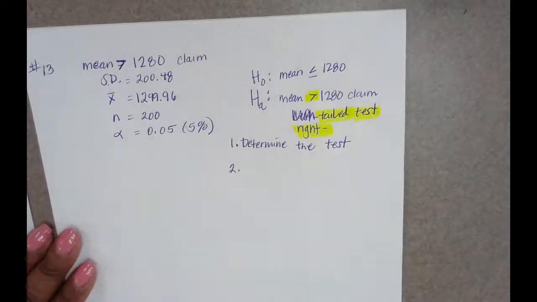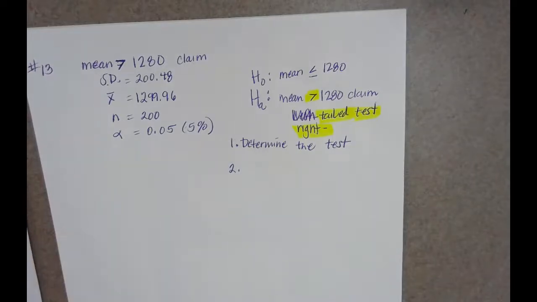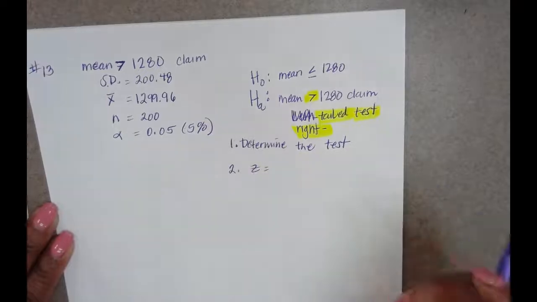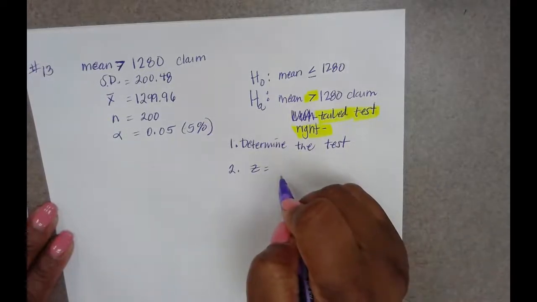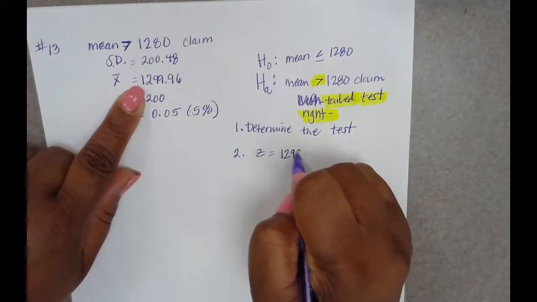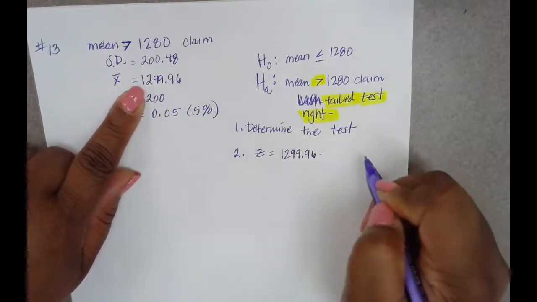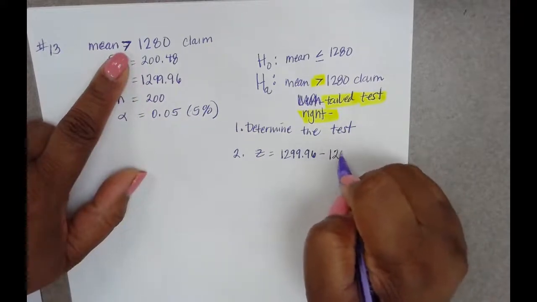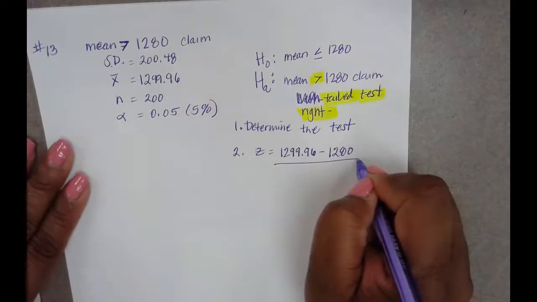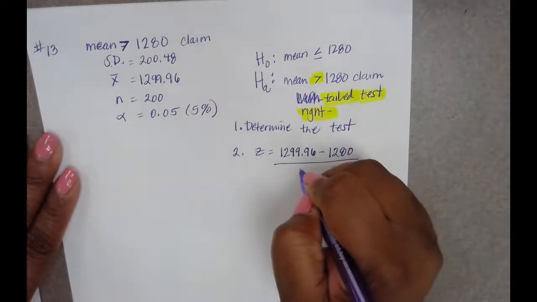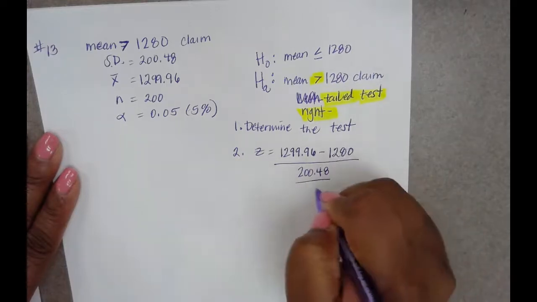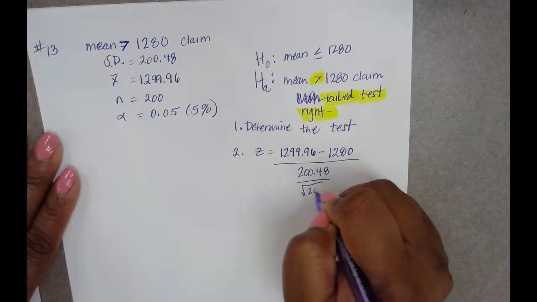Now it's time for me to find our test statistic. Okay, that's Z. Remember, the formula is the sample mean, or X bar, minus the population mean, divided by the standard deviation, divided by the square root of the sample size.